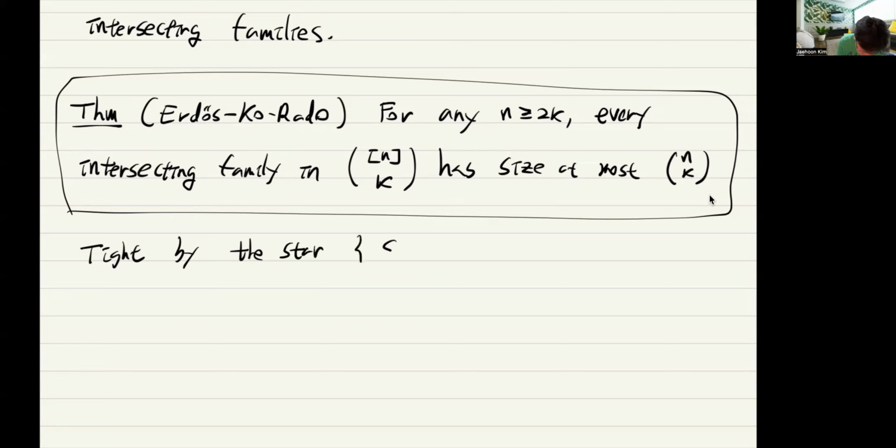So what's a star? A star is when you fix one element and then consider all the sets that contain that element. Let's say you only care about the uniform case. That's called the star.